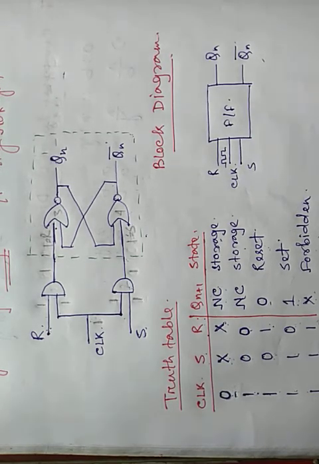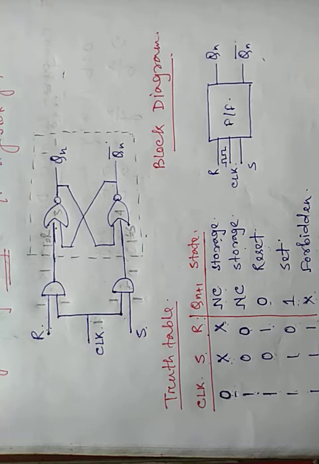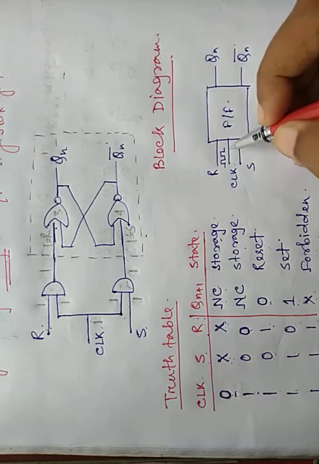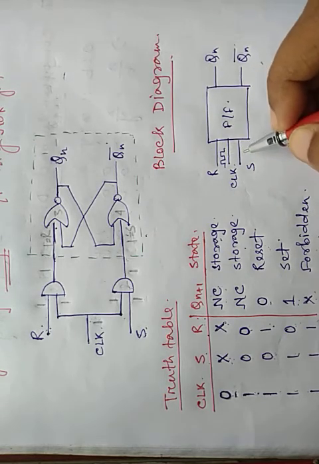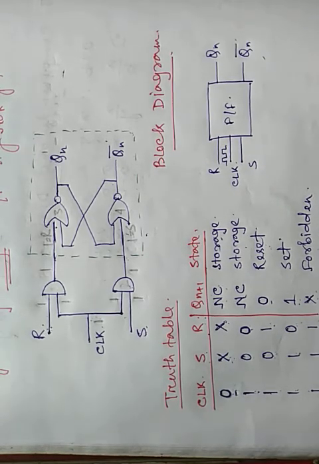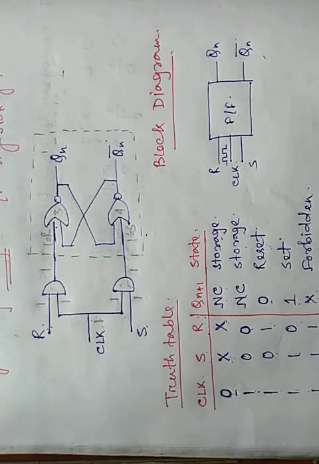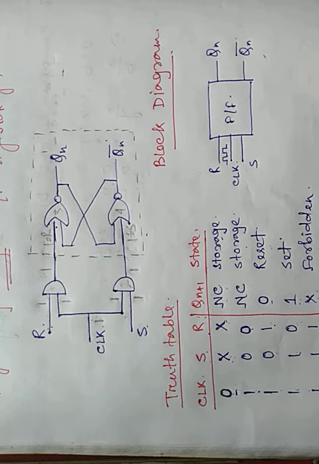We have already learned that there are two types of triggering, level triggering and edge triggering. If the flip-flop gets activated when the clock changes from 0 to 1, then we can say it is edge triggering.